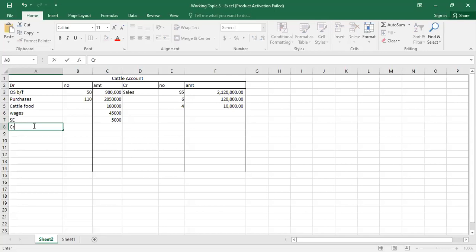So you have crop account here. Those are the contra entries I was talking about. Some of the entries will be contra. They'll have a double entry system, but most of them don't because it's merely an expenditure item. So we are going to have the 50,000.